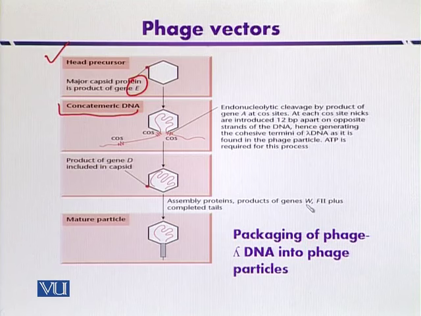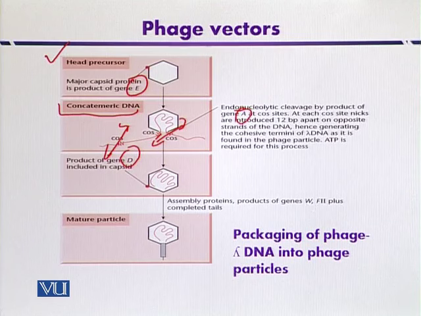During the step of packaging, a product like gene A has endonucleolytic activity. It will cleave the DNA at the cos site and convert it into monomeric form. This monomeric form will then be packaged into the phage head. Then the product of gene D is also included during the encapsulation process.